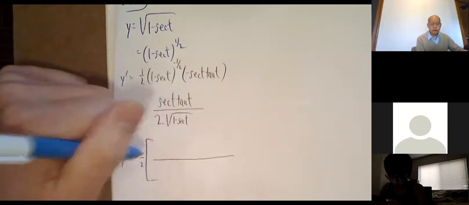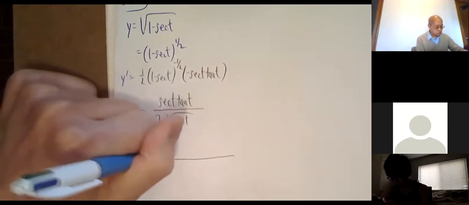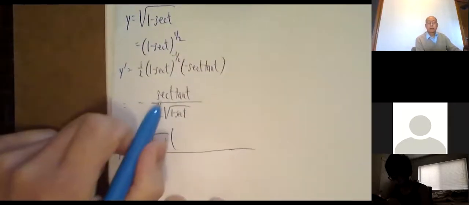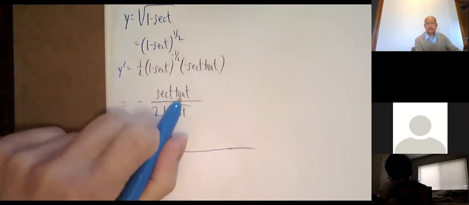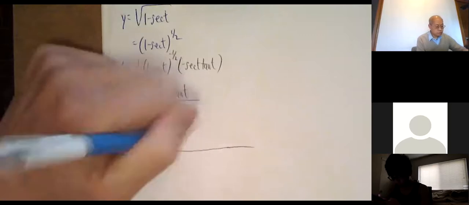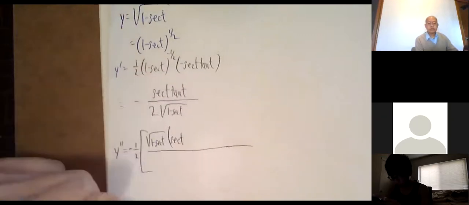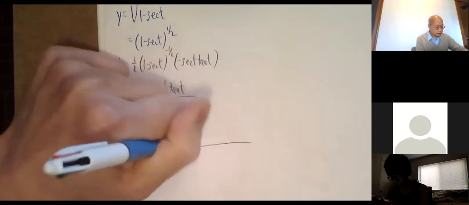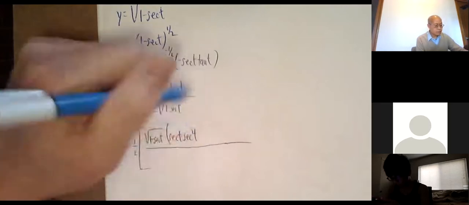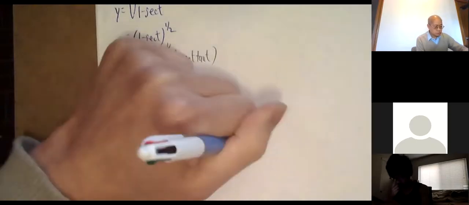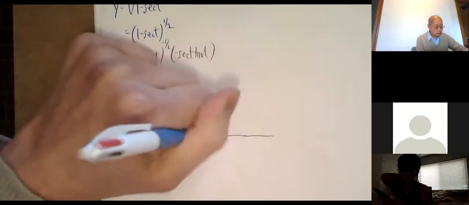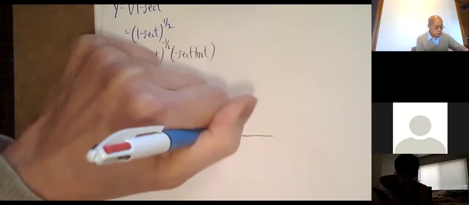Okay, so denominator times the derivative of the numerator. Derivative of secant t tangent t, that's going to be a product rule. So first times derivative of second, derivative of tangent is secant squared, plus the second function times the derivative of the first function, derivative of secant t, tangent t.